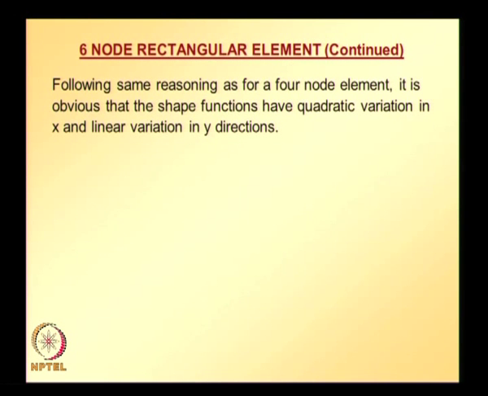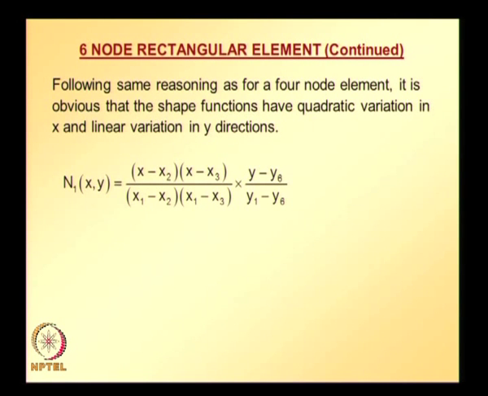If you see this 6 node rectangular element, along side 1 3 we have 3 nodes, along side 1 6 we have only 2 nodes. So, 2 nodes in y direction gives us linear variation in y direction, 3 nodes in x direction gives quadratic variation in x direction.